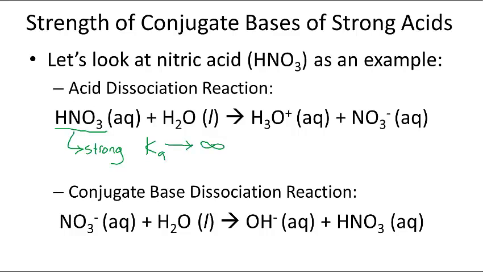So for this conjugate base reaction where NO3 minus is taking H plus away from water, Kb here would be Kw divided by Ka. So that's 10 to the negative 14th, a small number, divided by infinity, which is essentially what? All right. What's the moral of the story for that slide? The conjugate base of a strong acid is not a base.